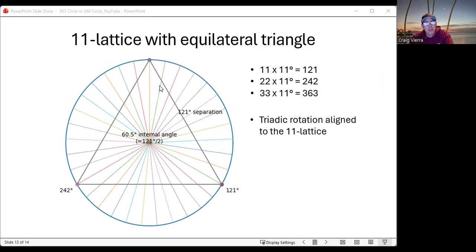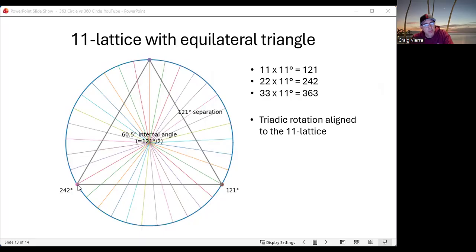You can easily drop a triangle on here. For a triangle, you take 363 degrees and divide it by 3 because it has 3 vertices. You'll get 121 degrees. So each arc here is 121 degrees, and we can place the vertices here. This is 121 degrees, or 11 times 11.